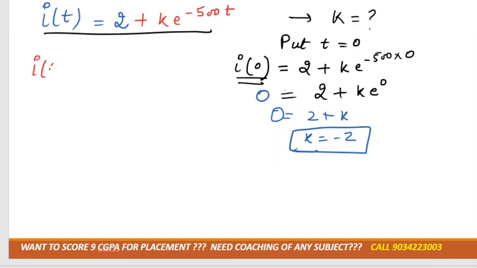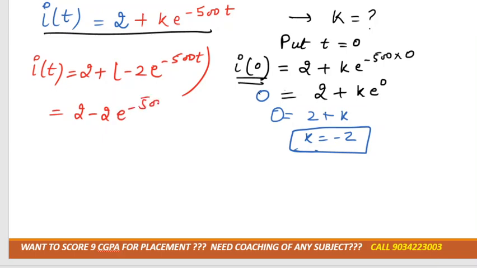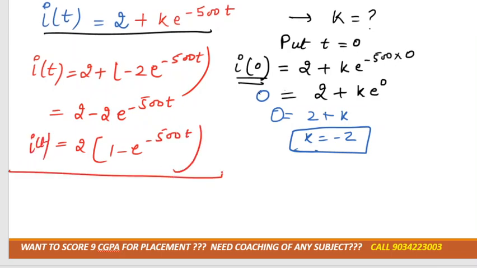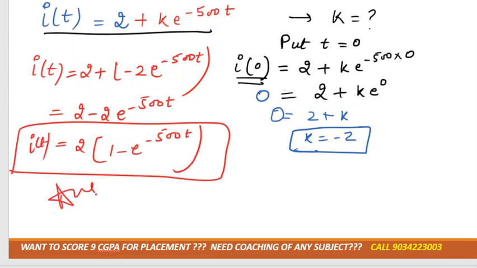Now we need to substitute it: it's minus, so minus 2 e raised power minus 500 t. Common one is 2, so I of t is equal to 2 times (1 minus e raised power minus 500 t). This is your final answer.